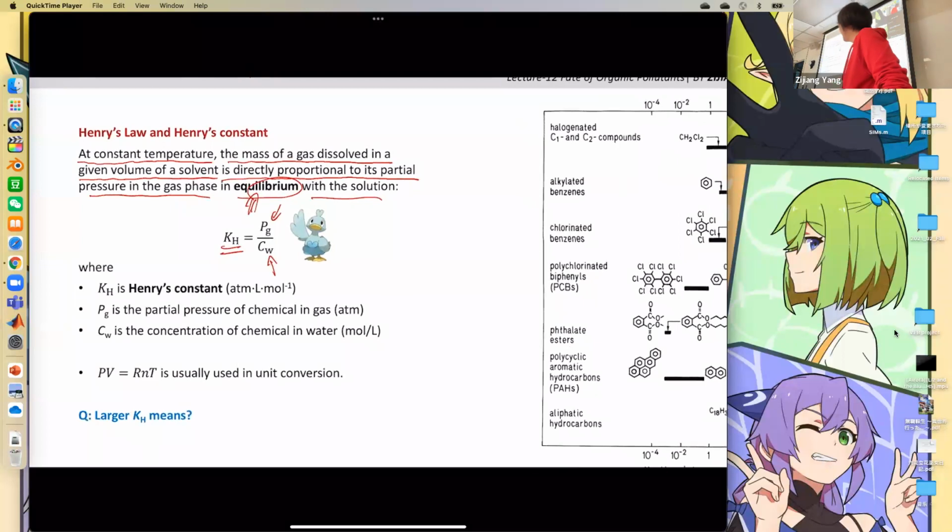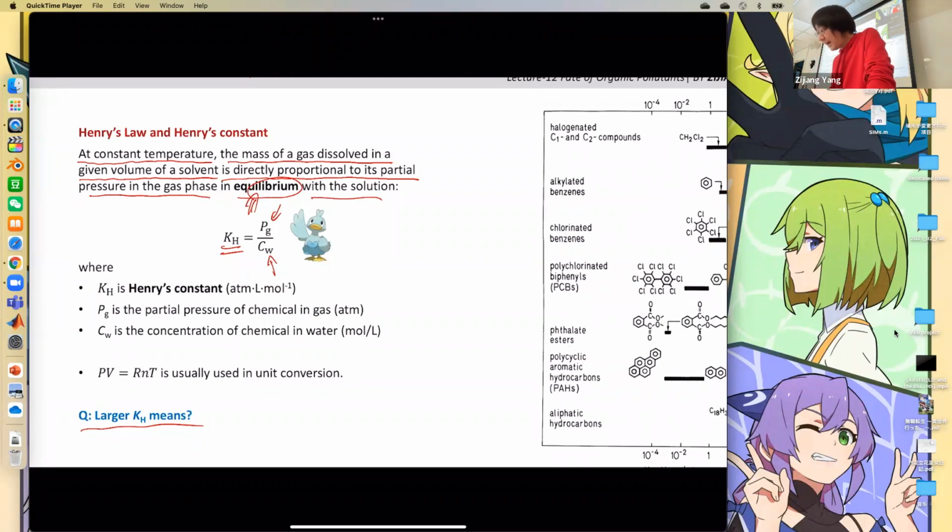And based on this equation, what does a larger KH mean? What does the larger KH tell us? Yes, volatility.